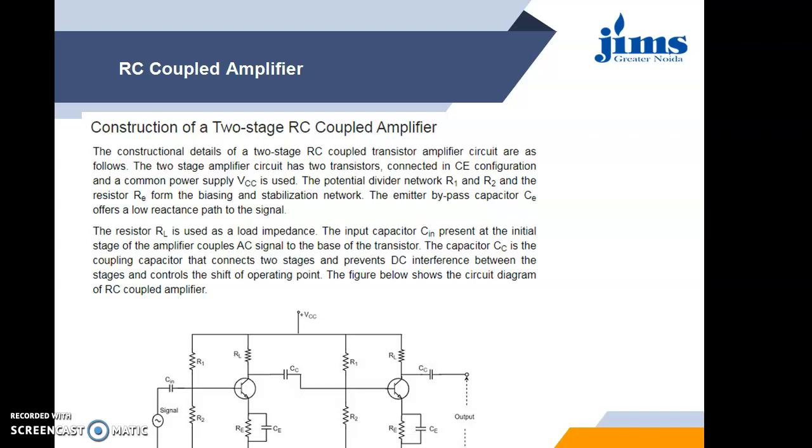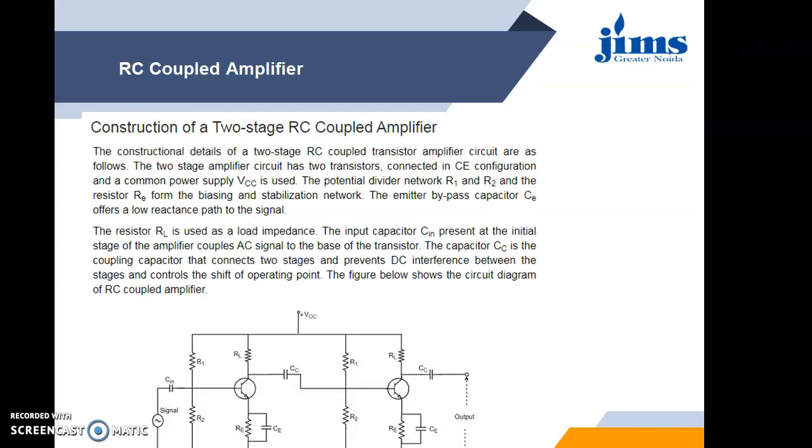In a two-stage RC coupled amplifier, the two transistors are connected in common emitter mode, with all the biasing elements, which are potential divider biasing and self biasing, along with the coupling capacitors. As you can see in the diagram of the presentation, the first stage is exactly similar to the second stage, with the difference that the input AC signal is applied to the base terminal of the input stage, whereas the output voltage, which is the magnified voltage, is obtained across the collector of the second stage.